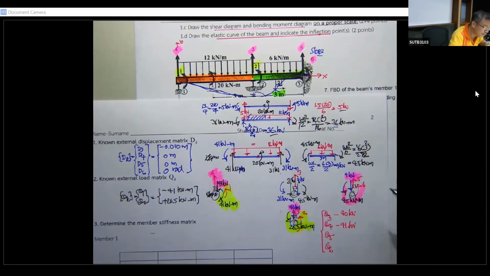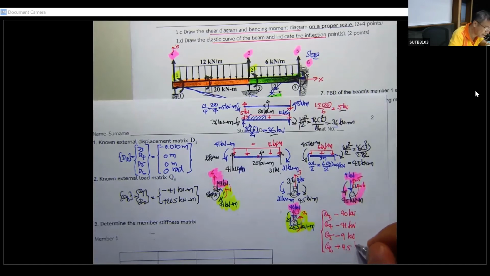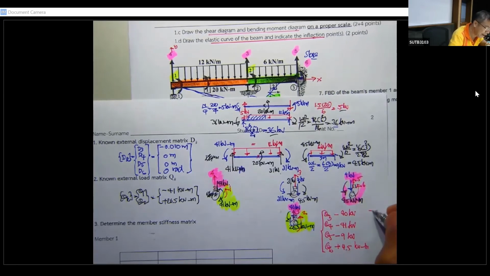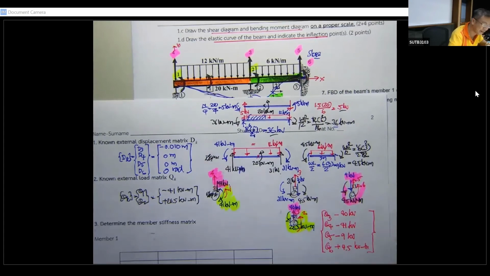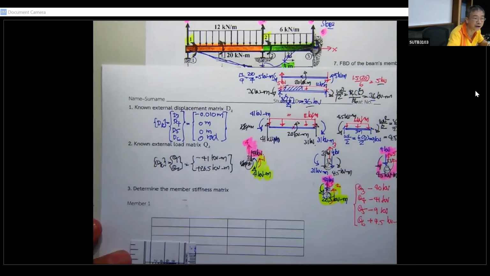How about for Q5 over here? This is downward, that is minus 9 kilonewton. And 4.5 and D6 go together, which is 4.5 kilonewton meter. And this is going to be the matrix that we are going to use to determine the reactions.